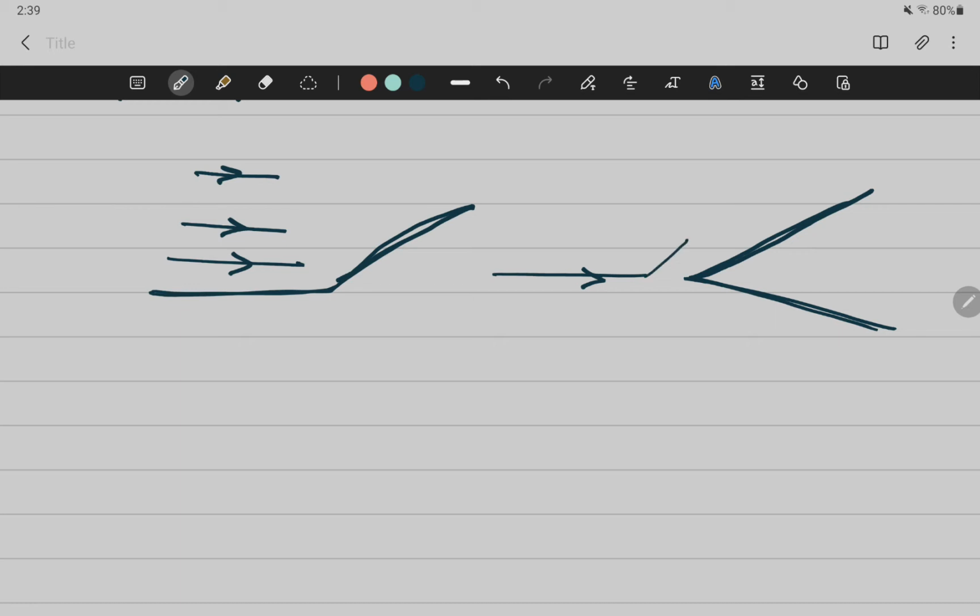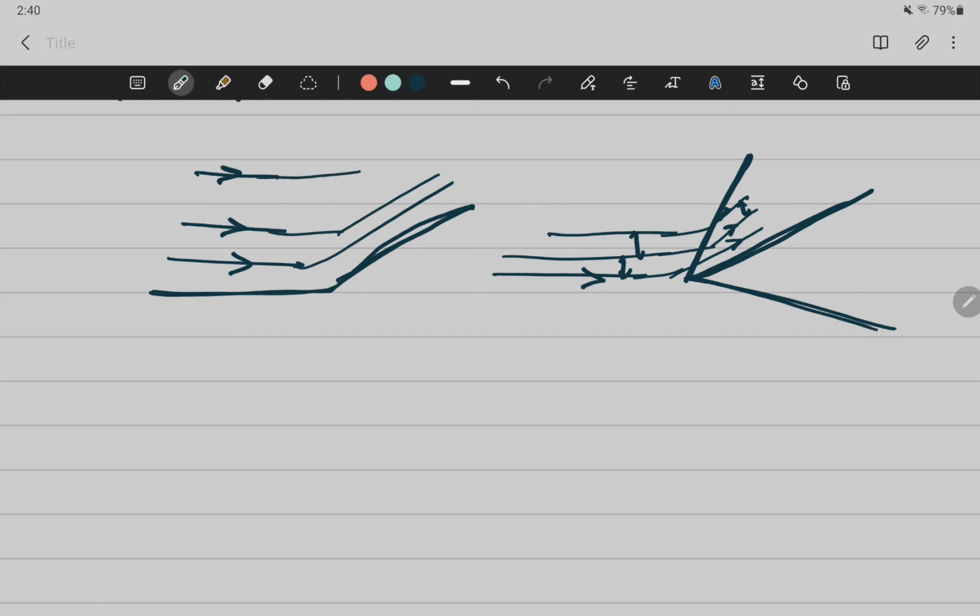So the streamlines cannot bend, right? What is going to happen is that they have to bend just as they reach the body, or even sometimes as they have already passed the body. And these streamlines are going to get closer to each other. All right, this is what's going to happen. So the shock waves that are forming here in this type of bodies are going to compress the flow.